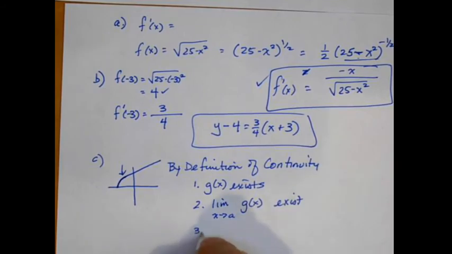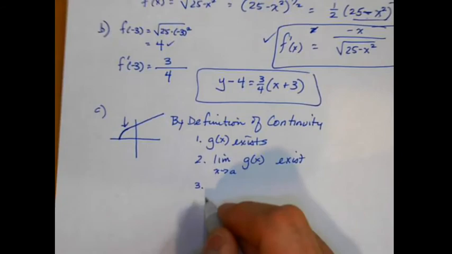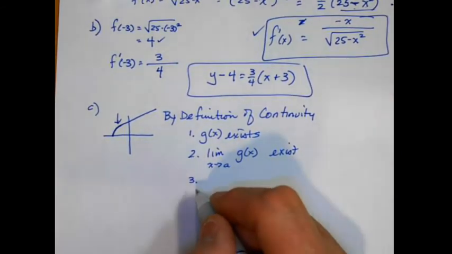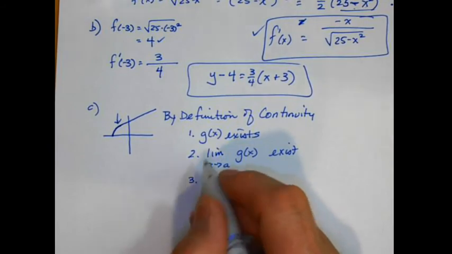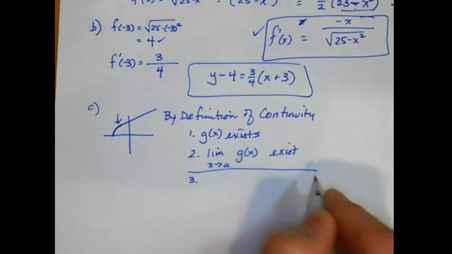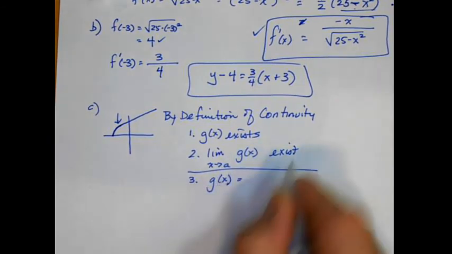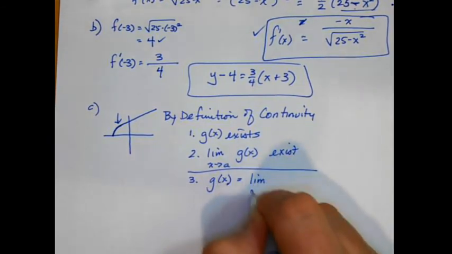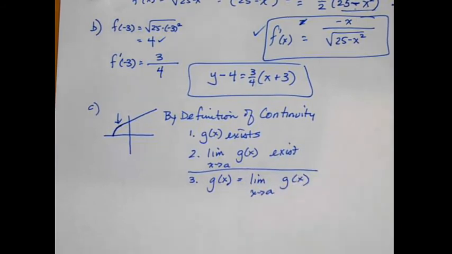And 3, just because we have those two, you go along and say, if the first two are correct, the third one has to be correct. Sometimes, most of the time. But we have to state it. So g of a is equal to the limit as x approaches a of g of x. Okay, so we need those two to be equal.